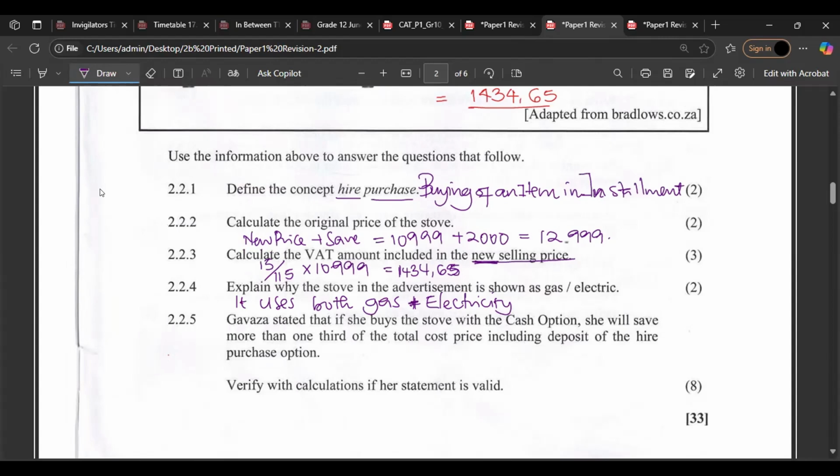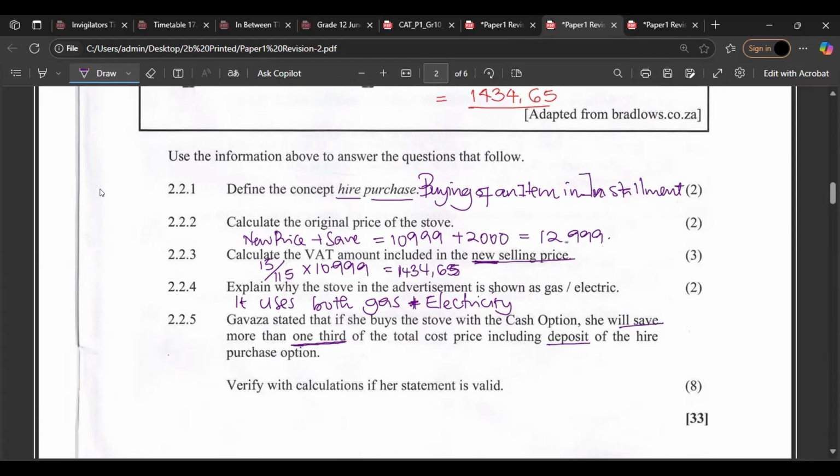Either way. Then the person stated that if she buys the stove with cash option, she will save more than 1/3. Remember what we are talking about? She will be saving. That means you're going to compare these prices. She will save 1/3 of the total cost price, including deposit, of the hire purchase.